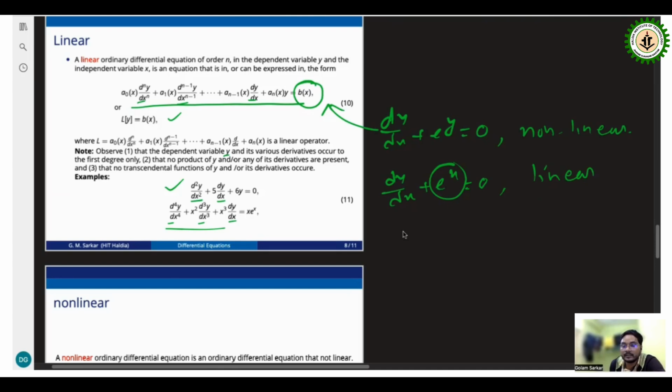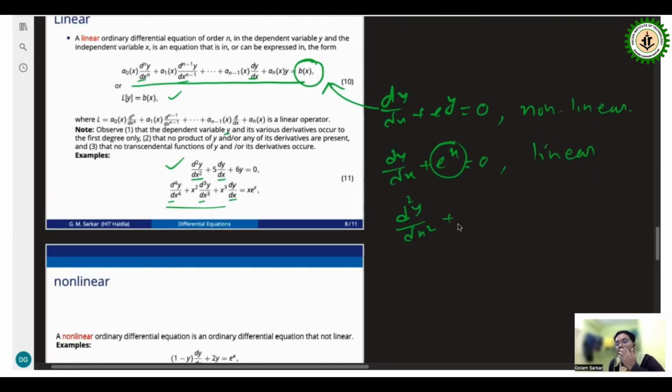Take another example. If I take d2y/dx squared plus y dy/dx equals 0, again you see I cannot express this equation in the standard form, because the coefficient of this first order derivative dy/dx has the dependent variable, or this term is in the form of a product of the dependent variable y and its derivative.